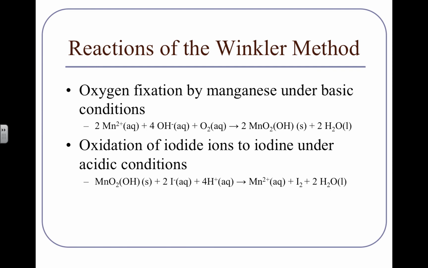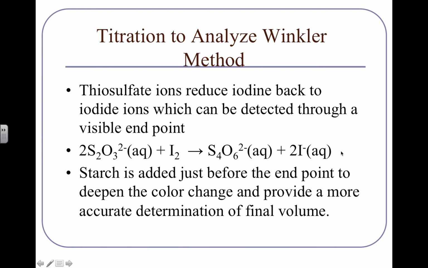So anyways, here are actual equations. And this is our precipitate that we're looking for. Notice that we react it with iodine. So then we'll react the iodine with the thiosulfate. Okay, so we measure this against the thiosulfate. Notice that there's a 2-to-1 ratio of the thiosulfate to the iodine.